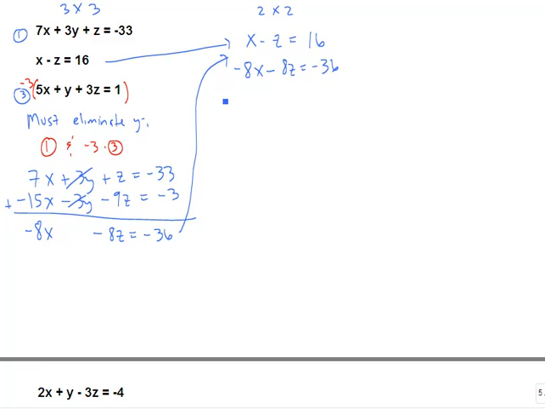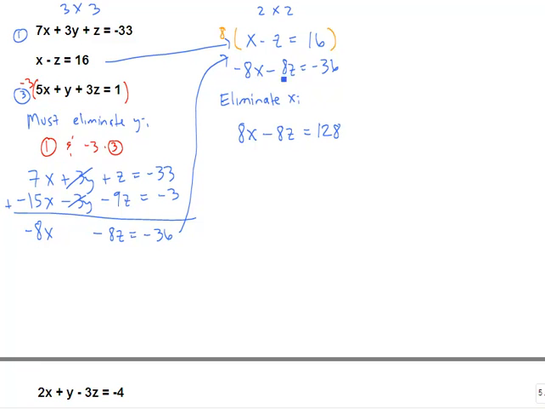They're both going to be the same amount of work. Let's say that we eliminate x. So if we want to eliminate x, then I'm going to have to take 8 times this top equation. So that's going to give me 8x minus 8z equals 8 times 16, which turns out to be 128.